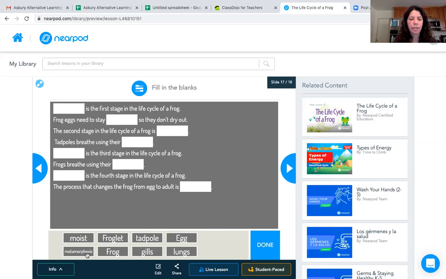Think of the butterfly that changes from a caterpillar into a butterfly, metamorphosis. Froglet, frog. Tadpole, gills. Egg, lungs.